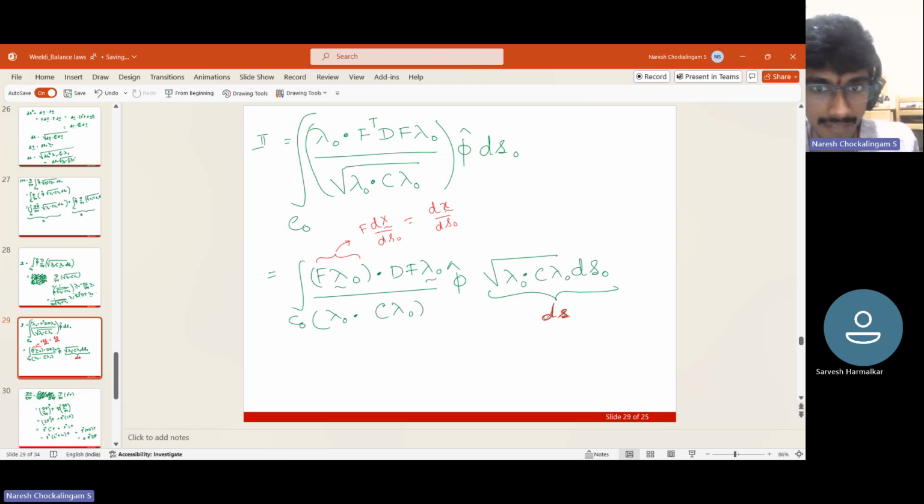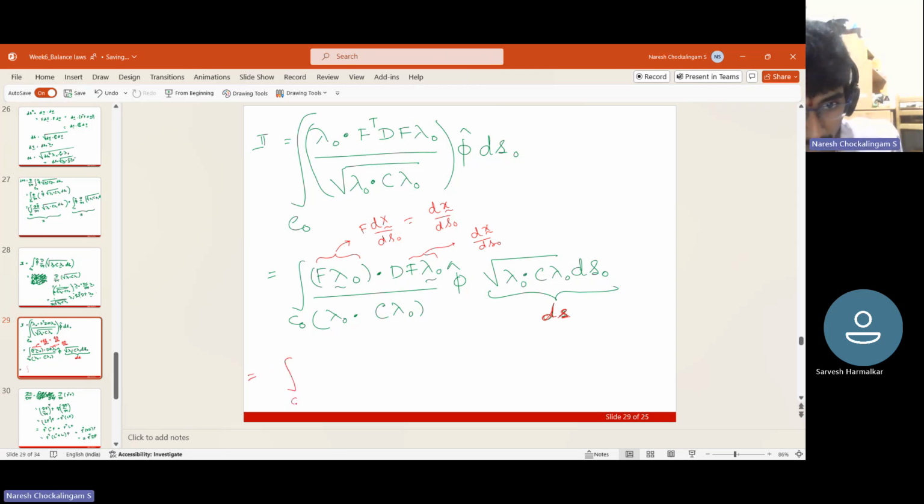F lambda naught is dx by ds naught. But what do we have in the denominator? This ds naught goes here.